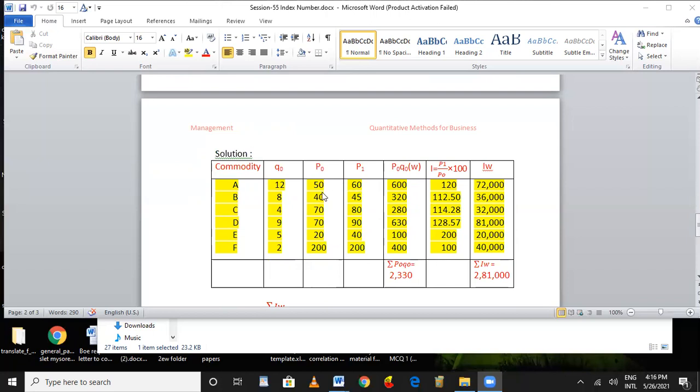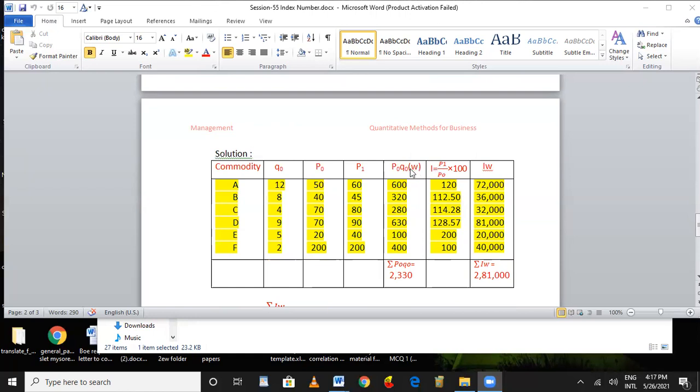P1 60 divided by 50 into 100 is 120. 45 divided by 40 into 100, 112.5. 80 divided by 70 into 100, 114.28. 90 divided by 70 into 100, 128.57. 40 divided by 20 into 100, 200. 200 divided by 200 into 100, 100. So these are the price relatives, or index numbers according to the price relatives I.